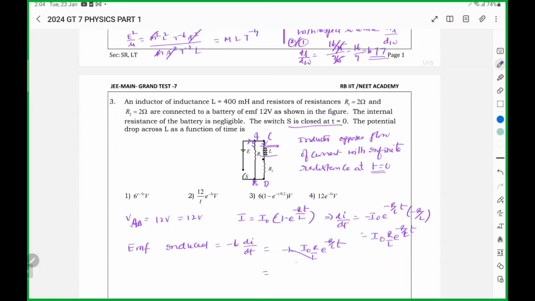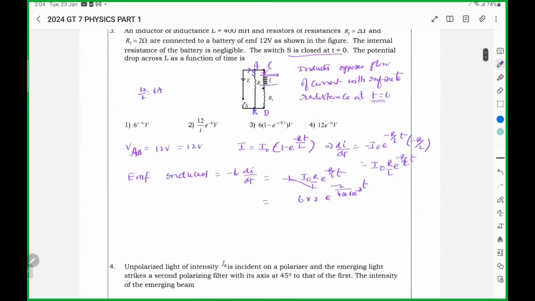I naught here is the maximum current through it, 12 by 2, which is 6 amperes. Resistance R here is 2, and L is 400 millihenries.